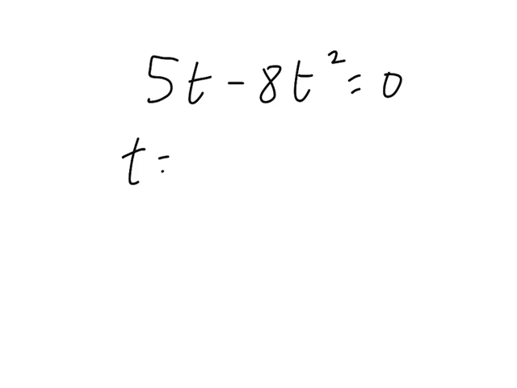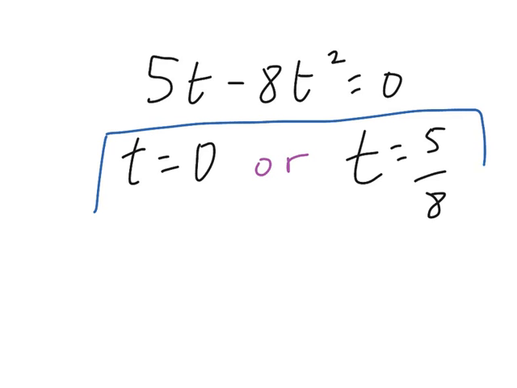Going back to my equation, 5t minus 8t squared equals 0. That means that t is 0 or t is 5/8. And my answer has two numbers. That means that if t is 0, my equation works.